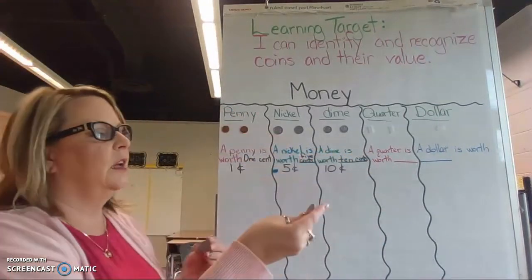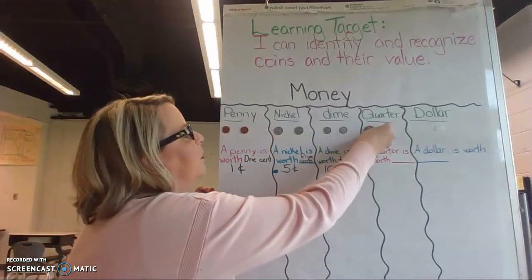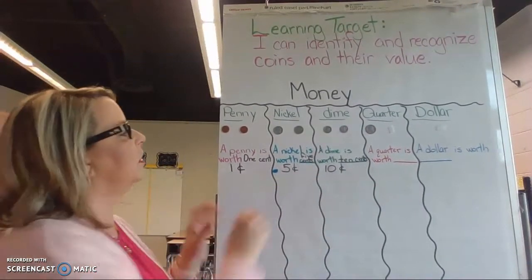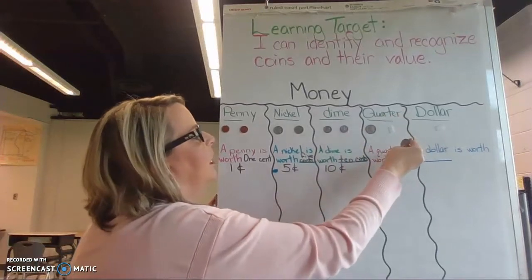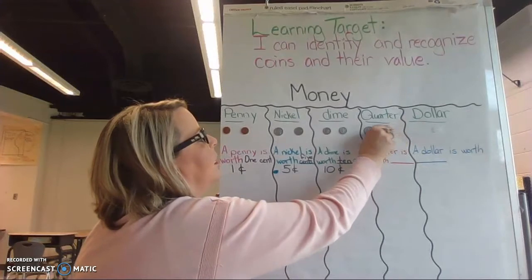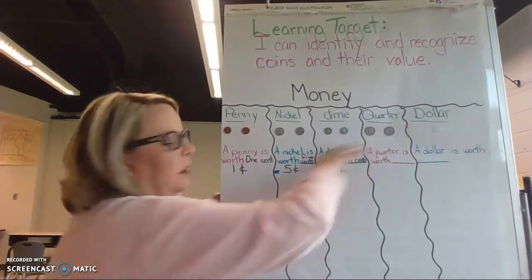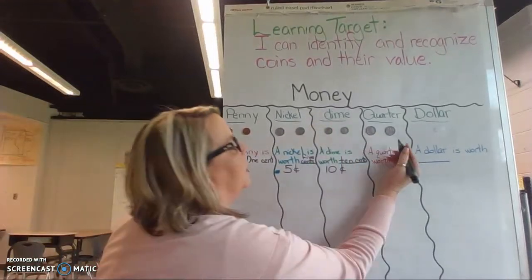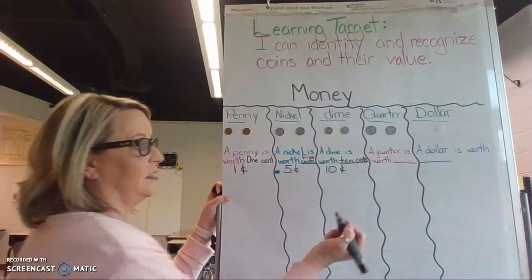Now, underneath the bird, it says quarter. A quarter is worth 25 cents.